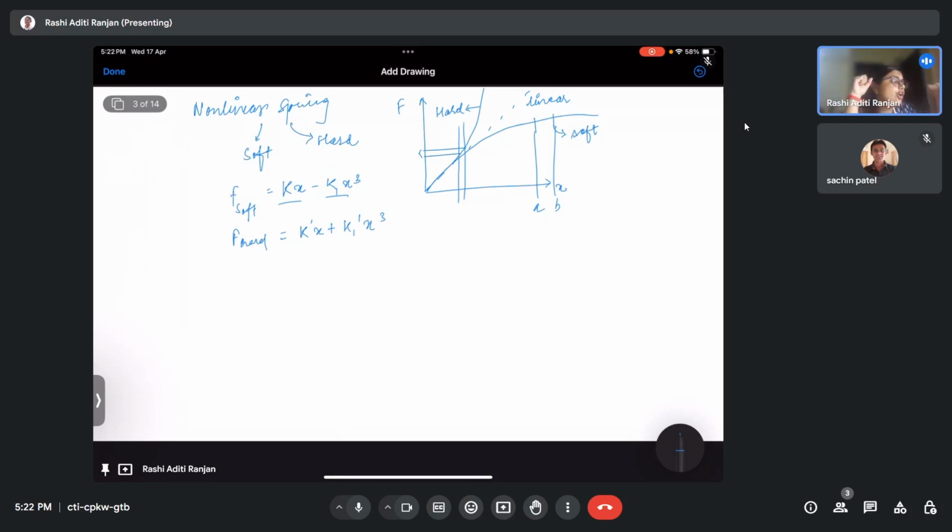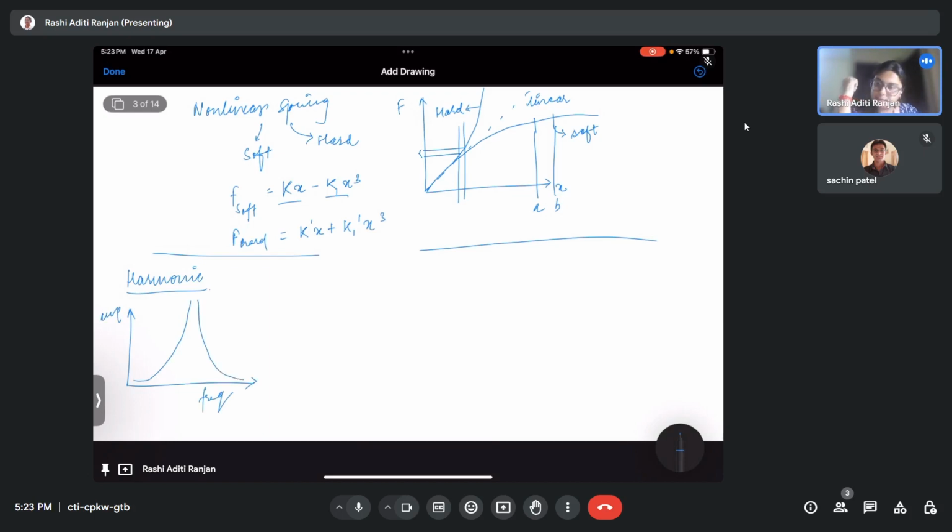So when we talk about subharmonic and superharmonic, what does it mean? Firstly, in case of my linear system, if here is the amplitude and here is the frequency, the behavior is going to be something like this, right?